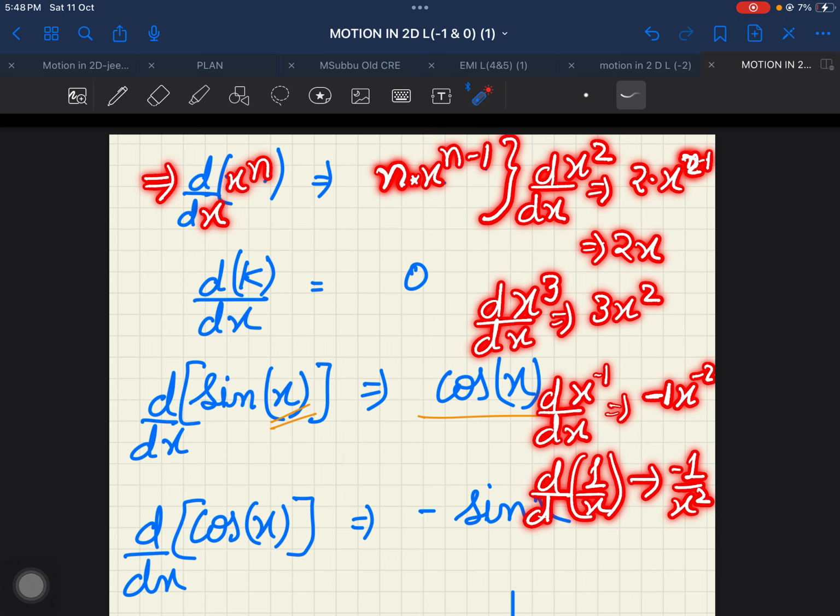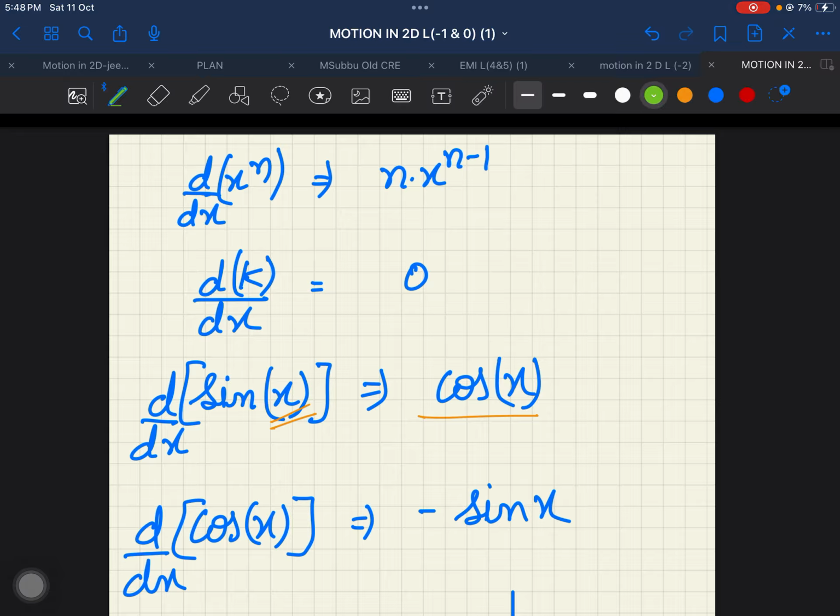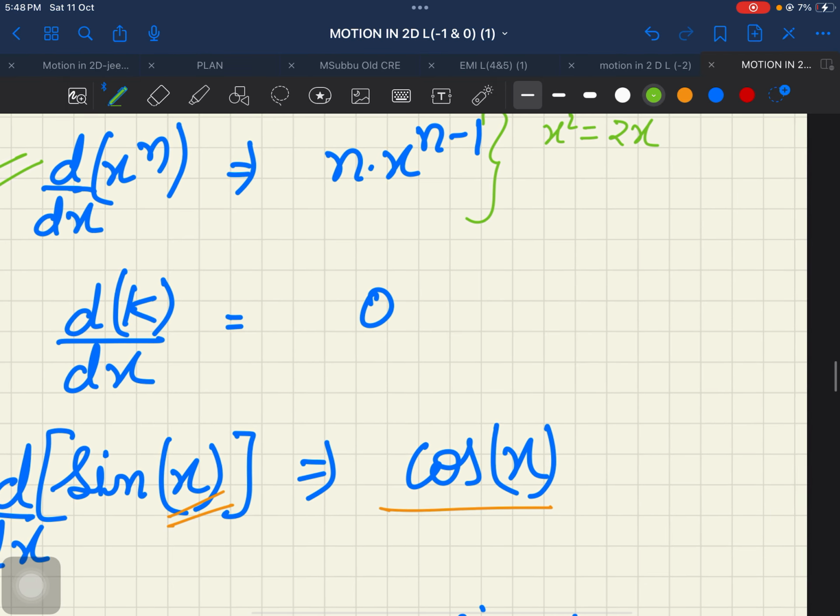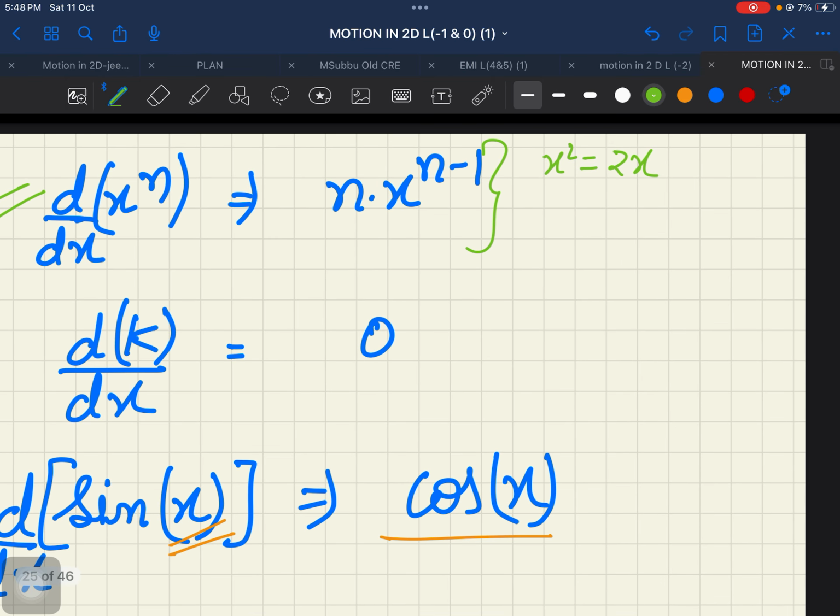We have just seen this formula 1. The differentiation of x square is nothing but 2x from here, and the differentiation of 1 by x is equal to minus 1 by x square.